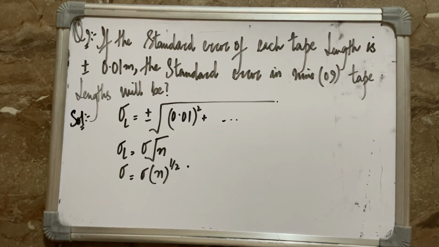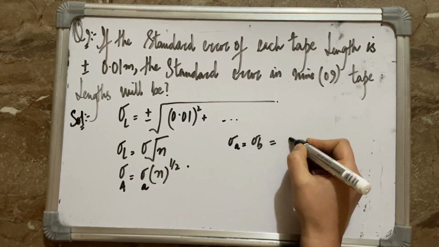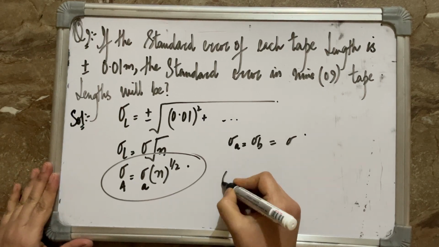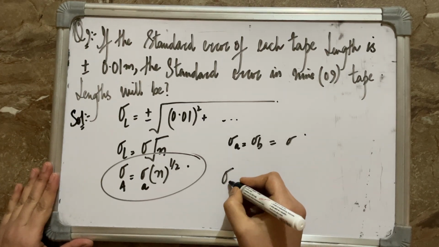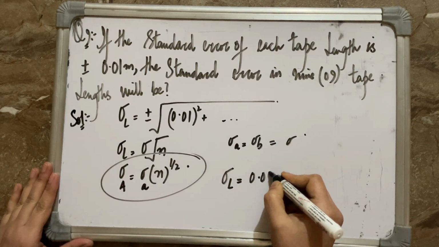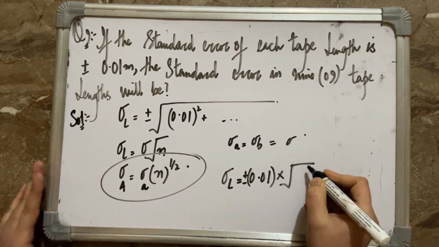This is how many times we are actually calculating the effect. Since this is the case of addition of quantities, the general expression says that if sigma A is equal to sigma B is equal to so on is equal to sigma, the general expression becomes this. That means the standard error in the tape lengths will be 0.01 plus minus multiplied by square root of the number of times I am taking my measurements.